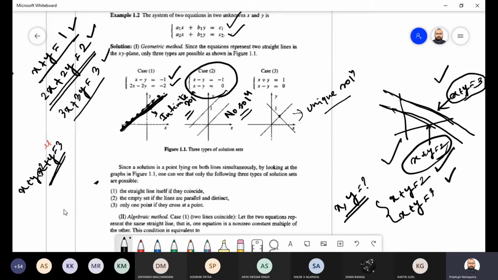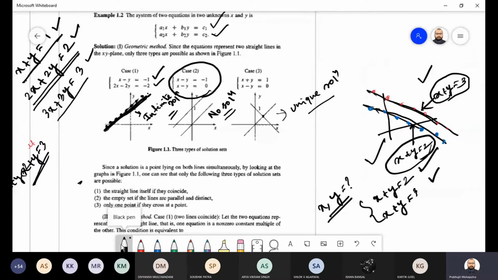Here you have some points which satisfy the first equation, and here you have some points which satisfy the second. But there exists no point which is satisfied by both. So there exists no common solution, which means there exists no solution actually.